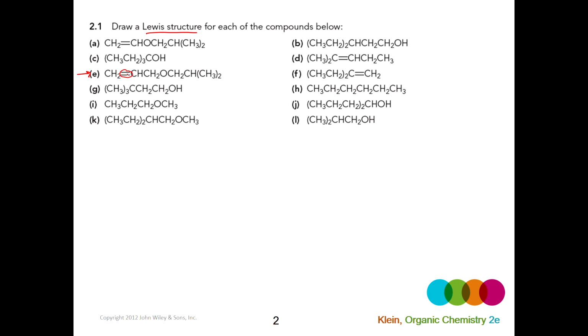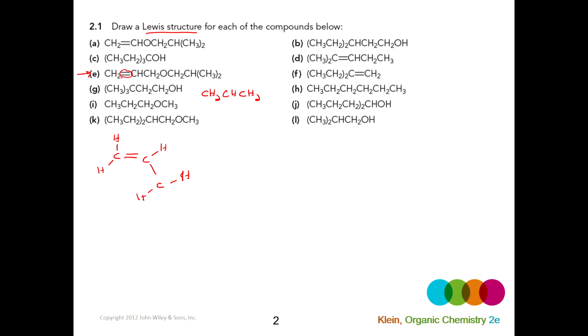You have to understand that even if that's not shown, if I just drew CH2 and then CH and didn't show the double bond between them, well, if I'm drawing this as a Lewis structure and I only have 2 hydrogens on that carbon on the end, and the next carbon only has 1, and the next carbon over has 2, then that's not enough electrons to complete the noble gas configuration, so you would have to assume that there's another pair of electrons in here to complete both of those octets.